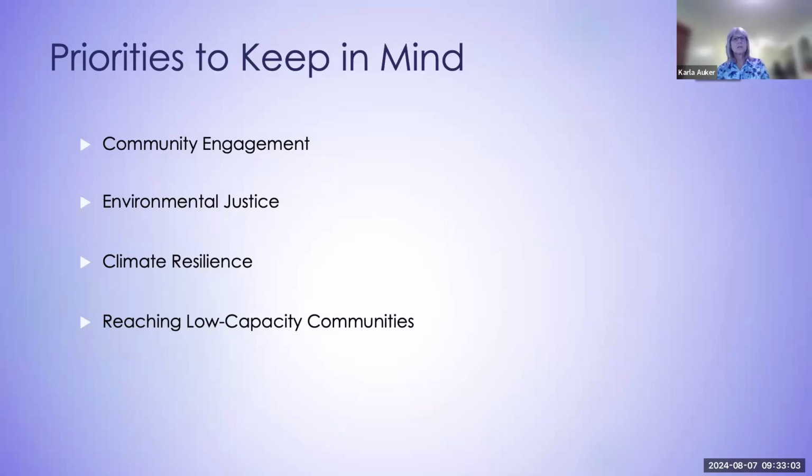Climate resilience. This administration is huge on climate change and climate resilience. And we are trying to reach out to low capacity communities. As you're writing your grant, keep those priorities in mind and make sure that you address them as you're addressing each of the grant criterion. Next slide, please.